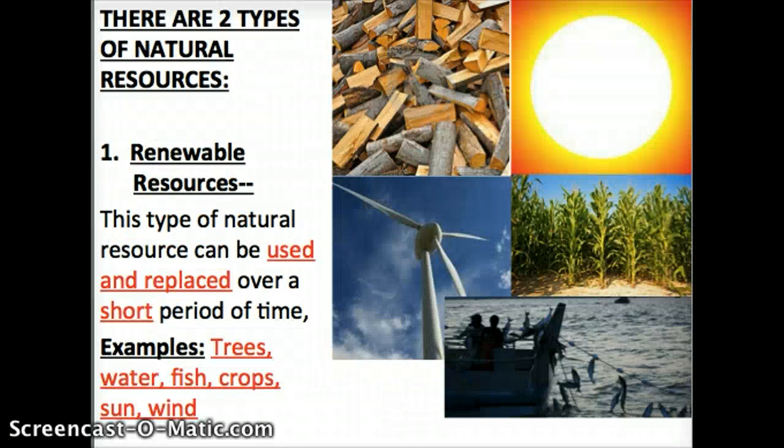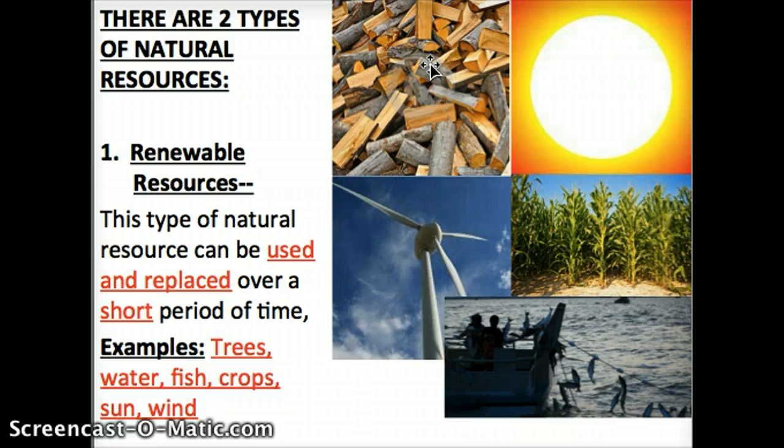Okay, so there are two types of natural resources. The first type is renewable resources. Notice how there's the word "new," which means to repeat or to go over again: renewable. So basically renewable resources are resources that can be used and replaced over a very short period of time. So these are some examples of renewable resources.